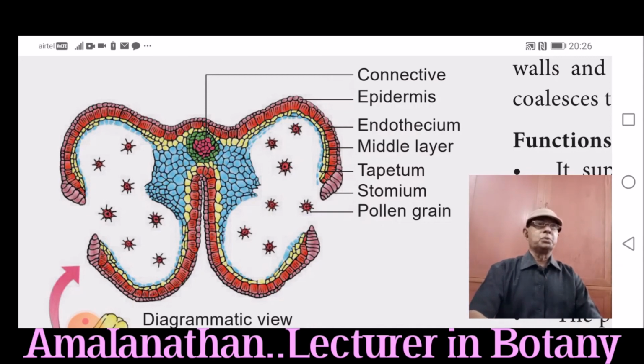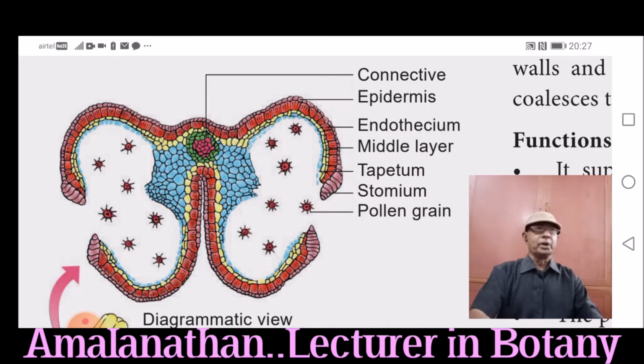What is sporopollenin? Sporopollenin is the wall material of the pollen grain, major component of the exine. What is exine? It is the outer covering of the pollen grain. Each pollen grain has two coverings, outer covering and inner covering. Outer covering is called exine and inner covering is called intine. The major component of the exine is made up of sporopollenin.